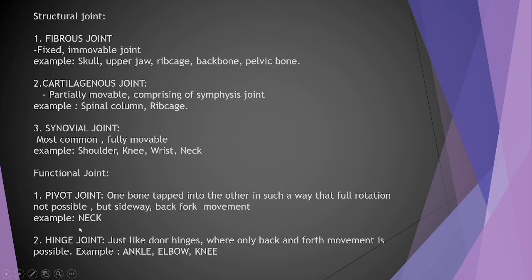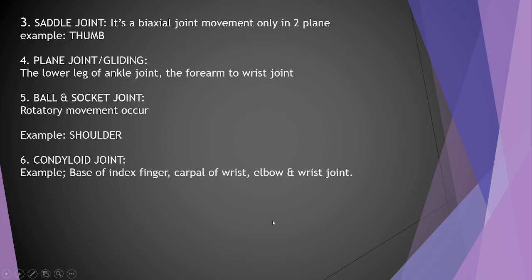A hinge joint is like a door hinge, with only back and forth movement, for example the elbow, knee, and ankle. A saddle joint is biaxial, with movement in only two planes, for example the thumb. A plane joint is a gliding joint, like the lower leg of the ankle joint and the forearm of the wrist joint.